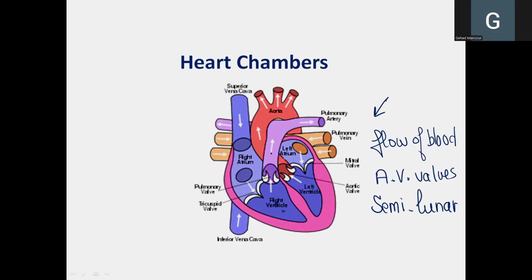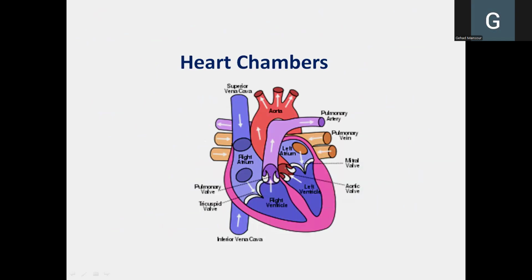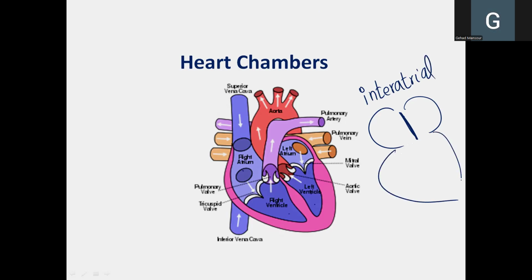So inside the heart, we have four chambers. We have two upper chambers, which are the left atrium and the right atrium. And we have two lower chambers, which are the right ventricle and the left ventricle. In between the two atria, we have a separating muscular wall, which is the interatrial septum. And in between the two ventricles, we have another muscular wall, which is the interventricular septum.